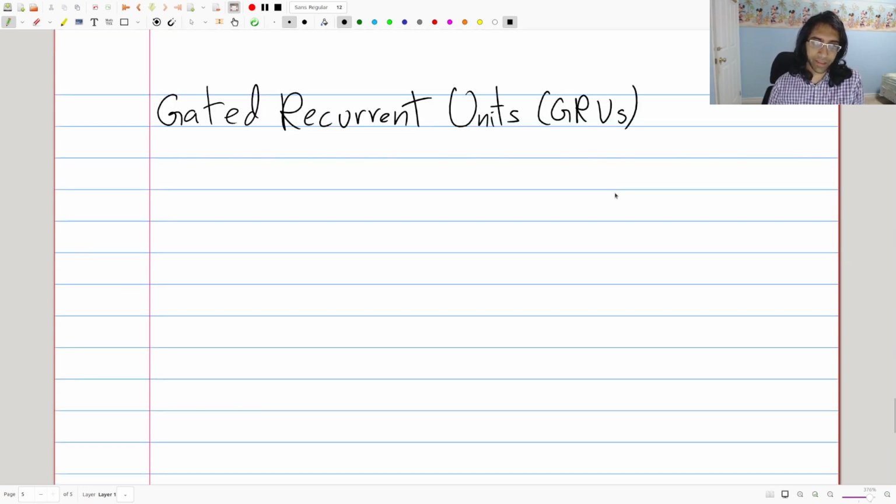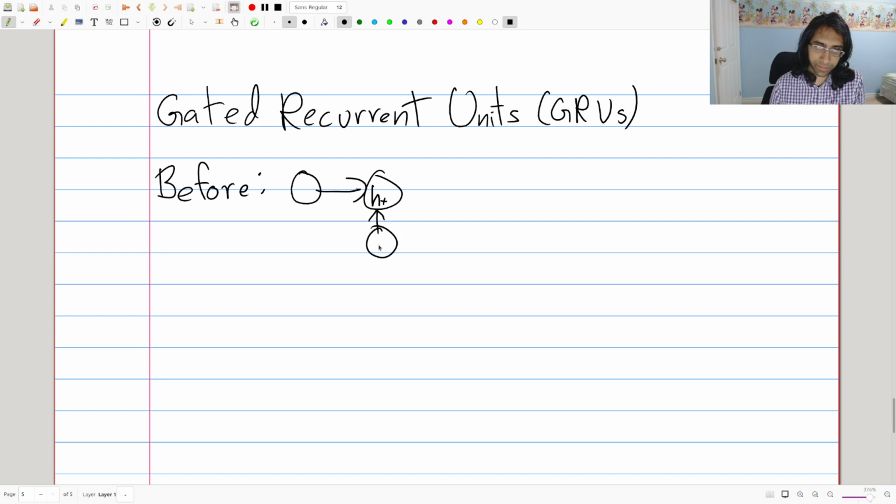And the idea is that we're going to take our previous computation, our previous architecture, which looked very simple, and just make it a little bit more fancy. So what we had before was something like this, where all we had here was just one simple neuron.